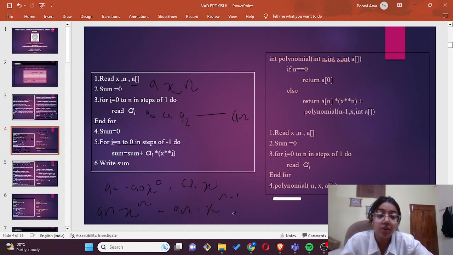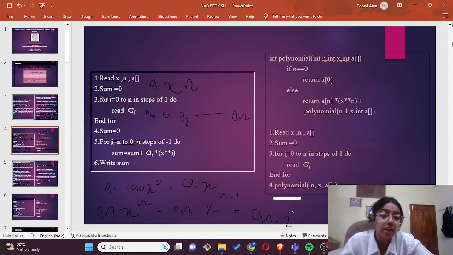Then we add this to a n minus 2 into x to the power n minus 2, and this thing goes on up to a1x plus a0. So this is our end sum. This is first way of iterative method.